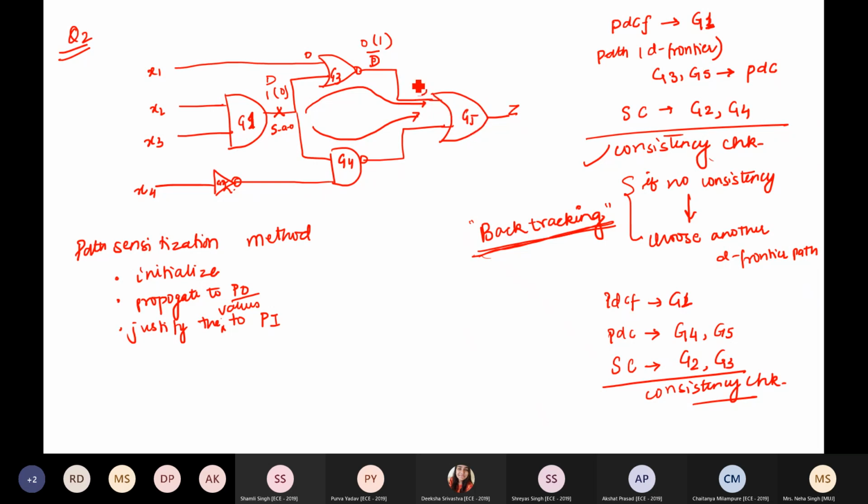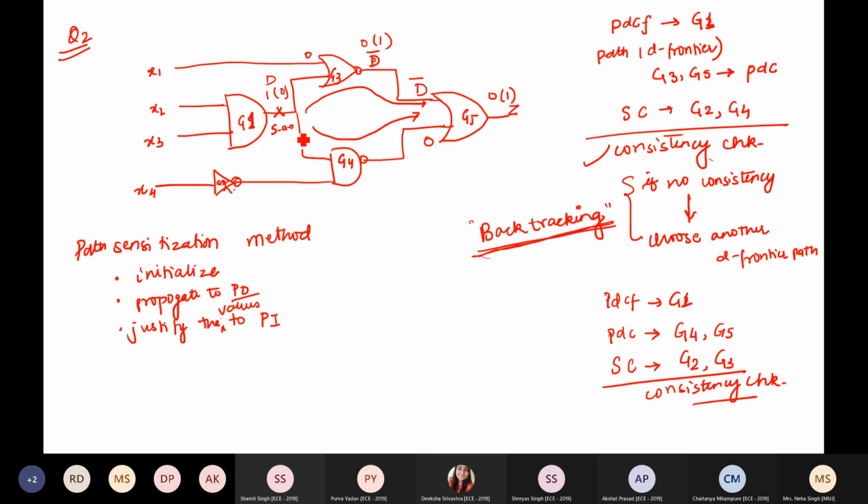So if I want this D bar to propagate towards primary output Z, the other input of G5 needs to be set equal to 0. So that when the inputs are 0 0, the output is 0, but when the inputs are 1 0 for this G5, the output will be 1. So Z is unequal to the faulty Z, that is ZF. Right? This is the propagate step.